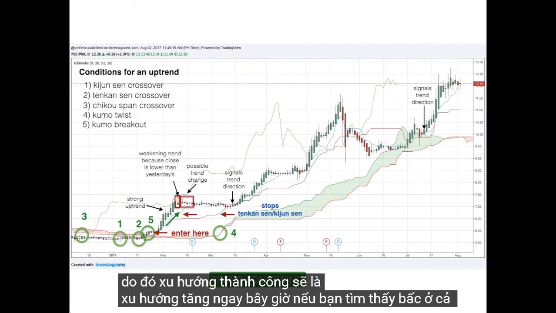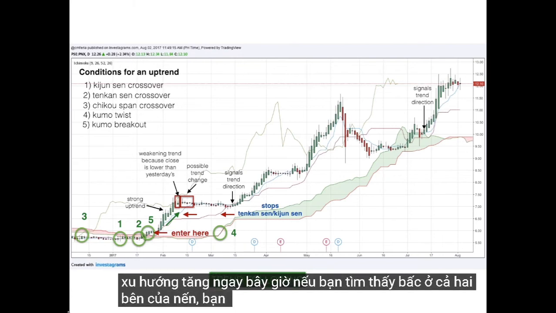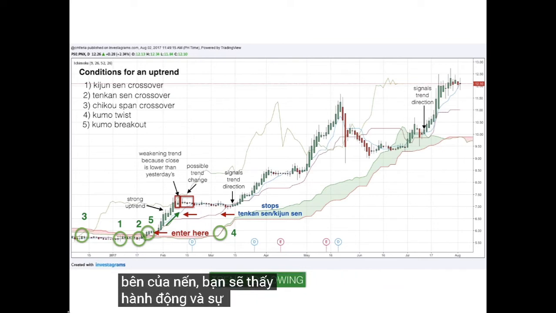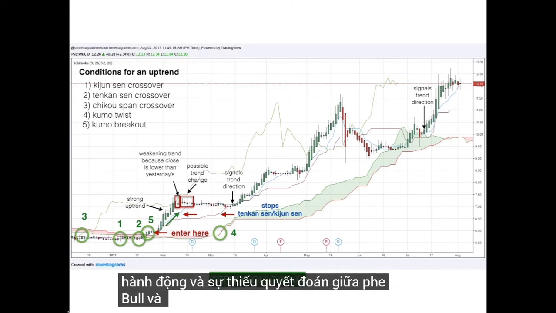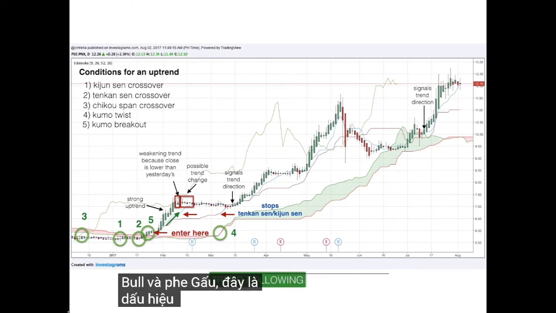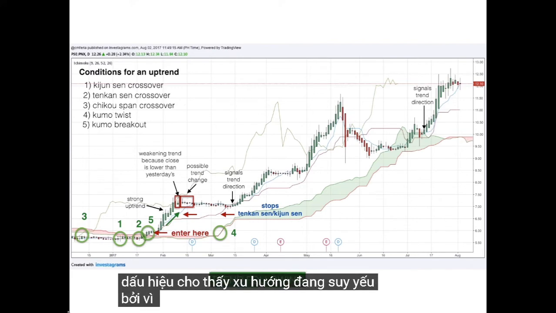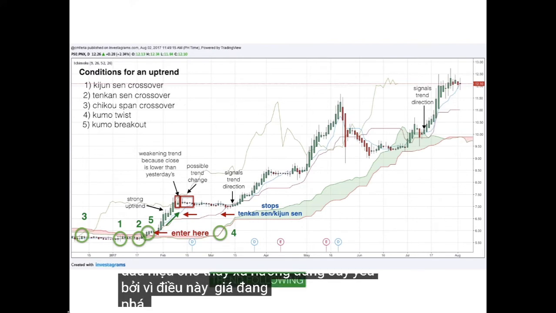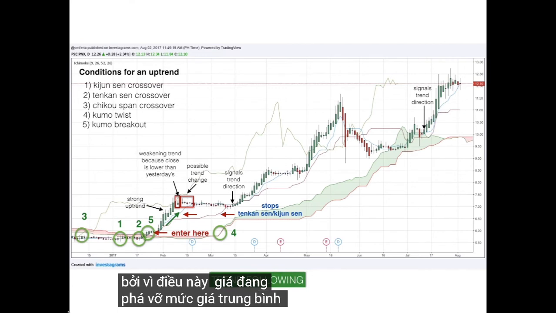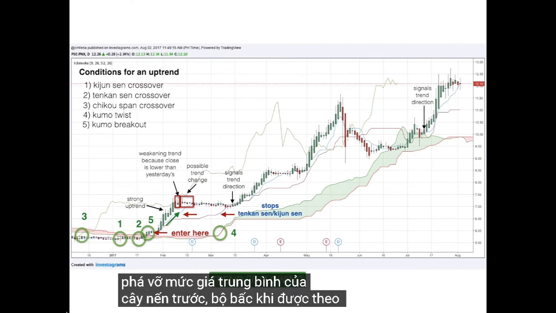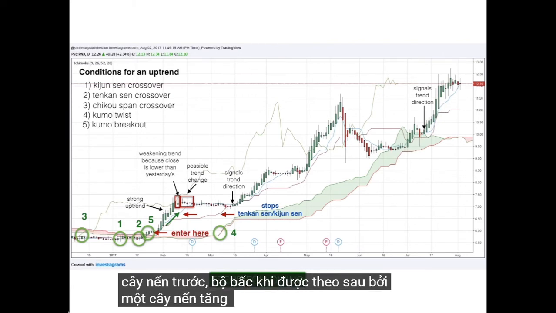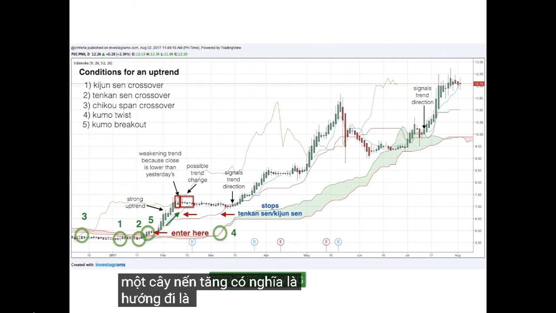Now, if you find wicks on both sides of the candle, you will find choppy action and indecisiveness among the bulls and the bears. This is an indication that the trend is weakening because the price is breaking the average price of the prior candle.